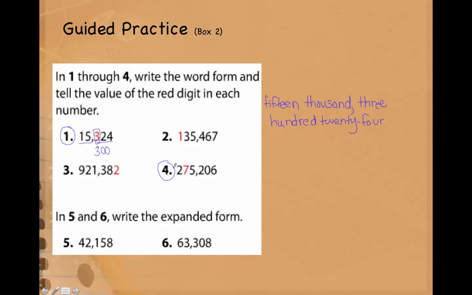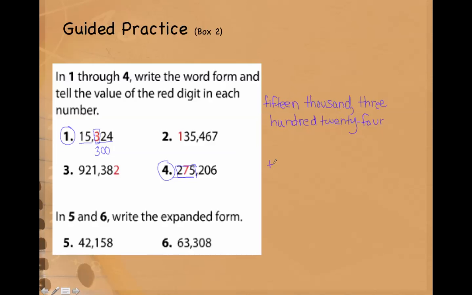Okay, let's look at number 4. I'm going to write this number in word form. So I'm going to start by looking on this side of the comma. So I see 275. I can see that 3-digit number right there.